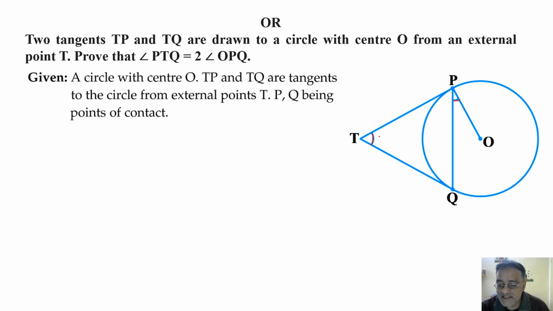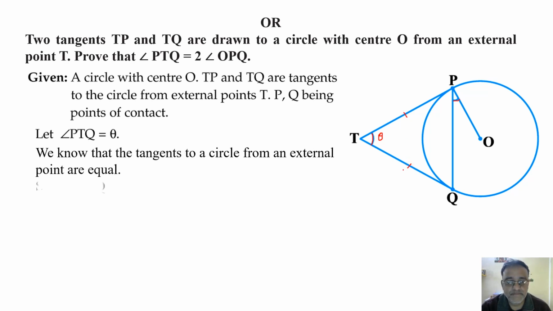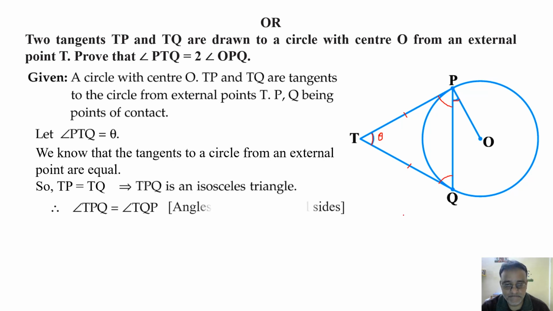So let this angle be theta, PTQ. Now we know that tangents to a circle from an external point are equal. So this will imply TP is equal to TQ, right? So this triangle is an isosceles triangle. So these two angles are also equal because angles opposite to two equal sides are equal.